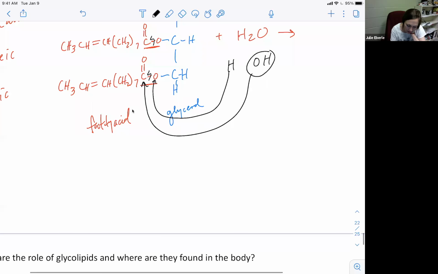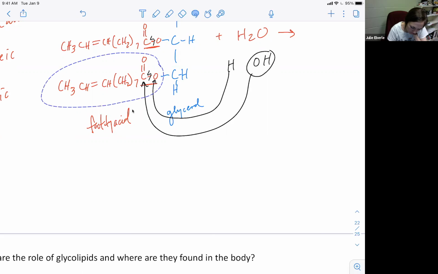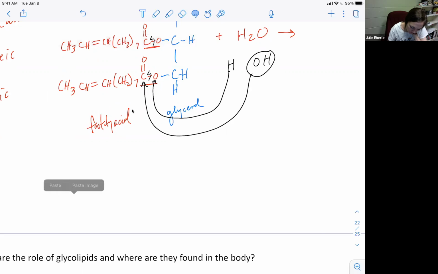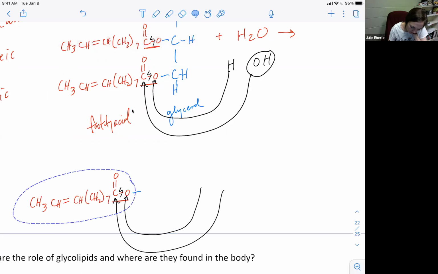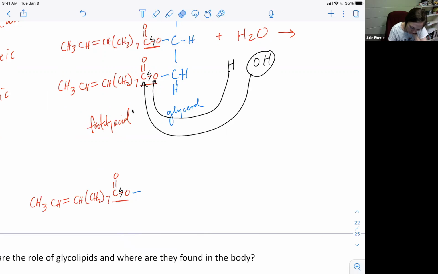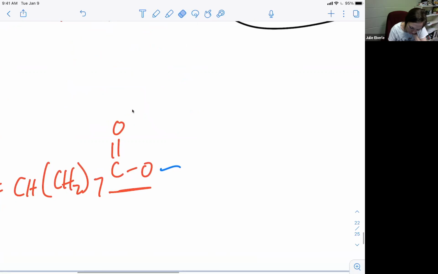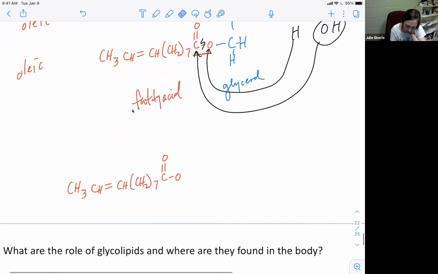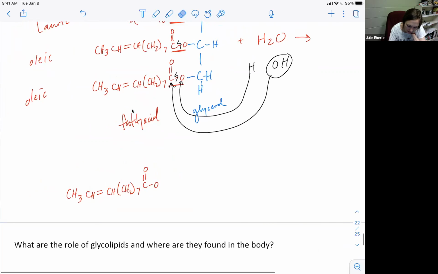So when we break these apart, I wonder if I can copy and paste this. When you break that bond, your fatty acid looks like this.